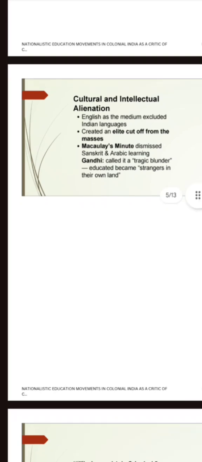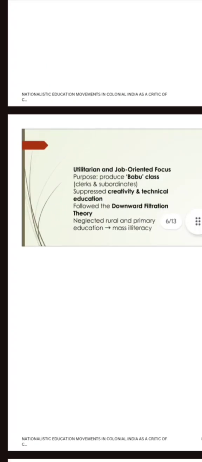So the colonial education alienated Indians from their roots. Students learned more about Shakespeare and European history than about their own heritage. Nationalists argued that this created an identity crisis, making the educational elite strangers in their own culture.